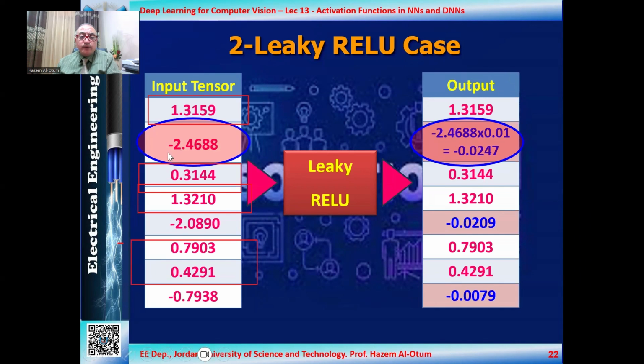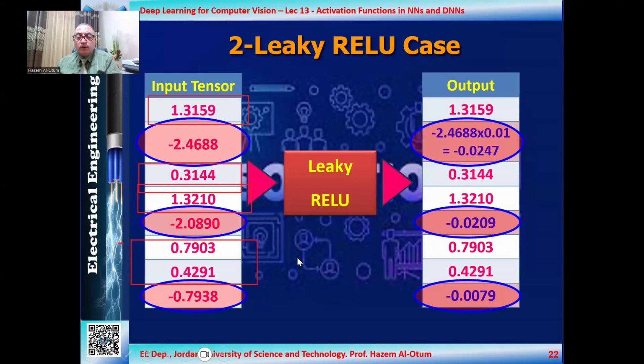So if we have a value at the input of minus 0.24688, around minus 0.25, we just multiply by the scale A, which is equal to 0.01 for the leaky ReLU, and this will give us a small negative value. Again, for this one, we have a small value. Again, here we have also another small value.